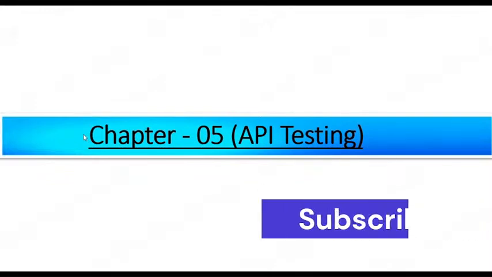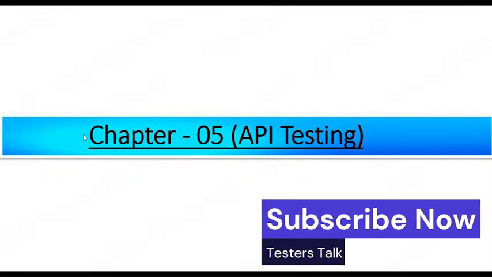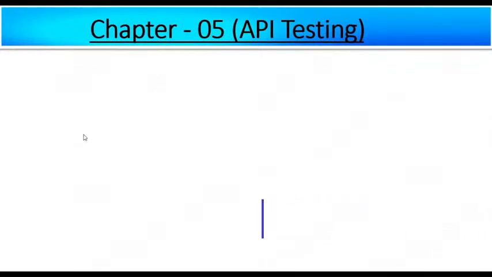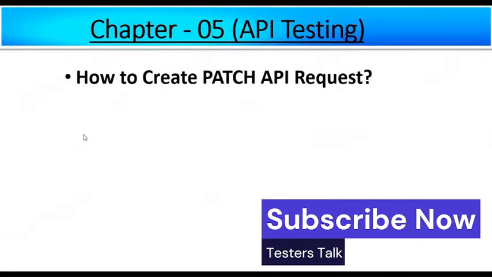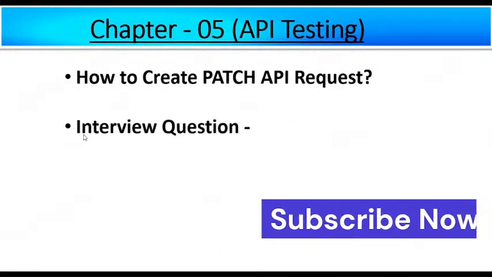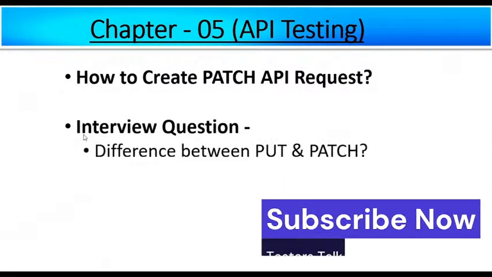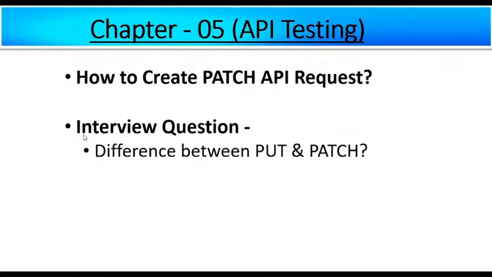In this chapter 5 of the API testing tutorial, I will discuss how to create the patch API request. Then I will discuss a couple of interview questions on Postman API testing.